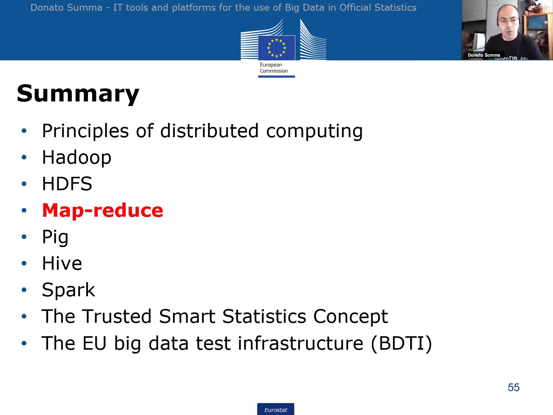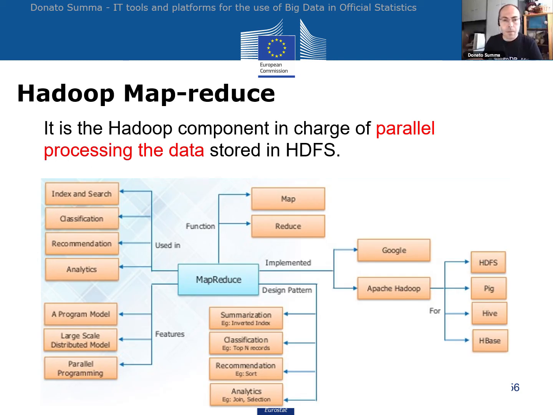Okay, so it's time to talk about MapReduce. MapReduce is the Hadoop component in charge of parallel processing the data stored in HDFS. We saw HDFS, that is the storage part.